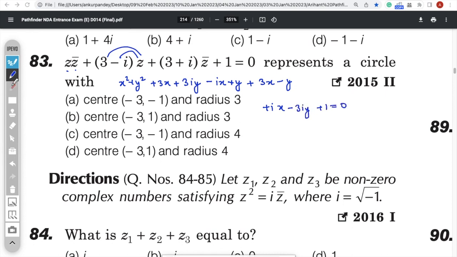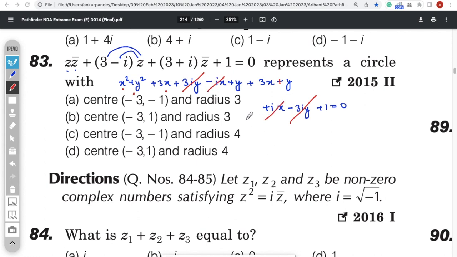So look carefully. x square safe, y square safe, 3x safe. 3iy and iy gone, minus ix and ix gone.